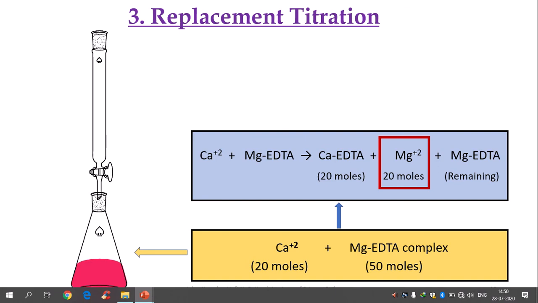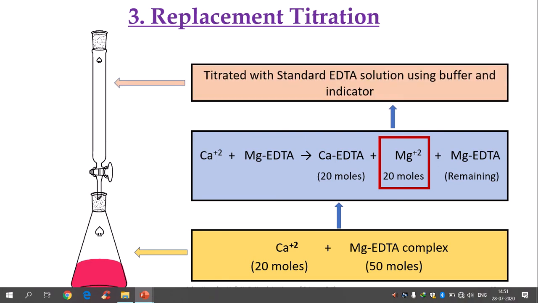Initially we have taken Mg EDTA complex, calcium replaces Mg and Mg gets released. So how much Mg will be released? Whatever amount of calcium is attached to EDTA. So the released Mg2+ will be titrated with the standard EDTA solution, and the amount which you get will be equivalent to the amount of calcium present in the given solution. So this is a replacement titration.